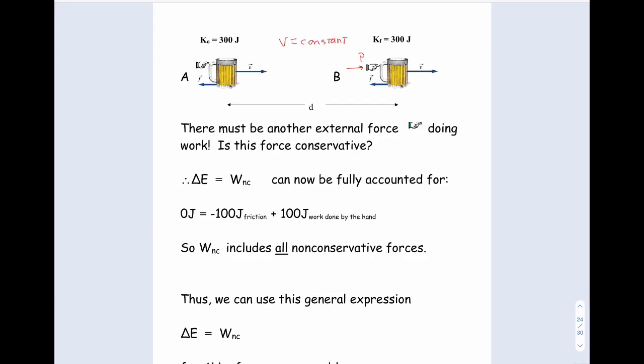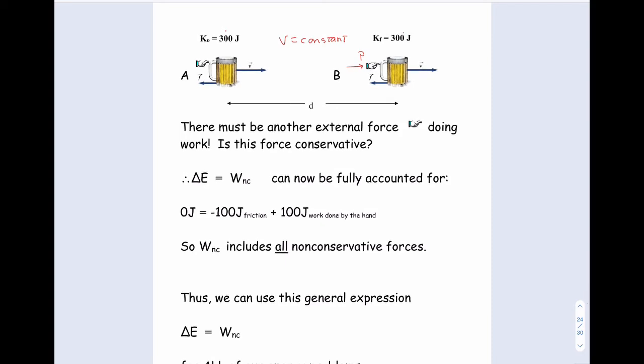Kinetic energy is constant, so v is constant. So the only way you can have your book move across a table at constant speed is you have to have your hand behind it. Otherwise, if it's moving, you take your hand away, it's going to stop. So that means there has to be another external force, a non-conservative force that does work.